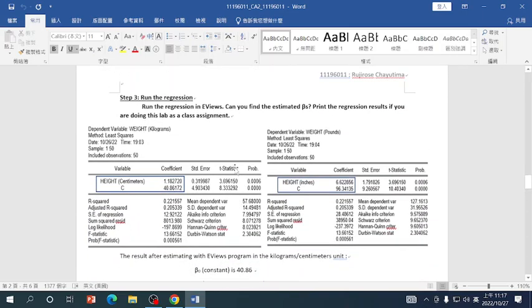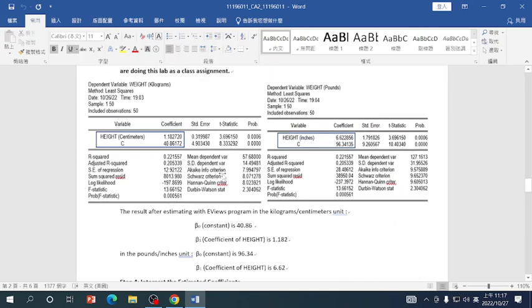For step 3, the result, we found the beta zero constant in kilograms per centimeter is 60.86 and the coefficient of height, beta 1, is 1.1x. For pounds per inch units, the constant beta 0 is 96.34 and beta 1, the coefficient of height, is 6.62.